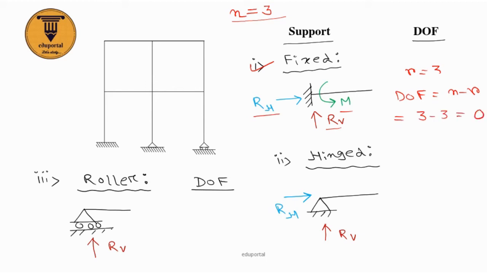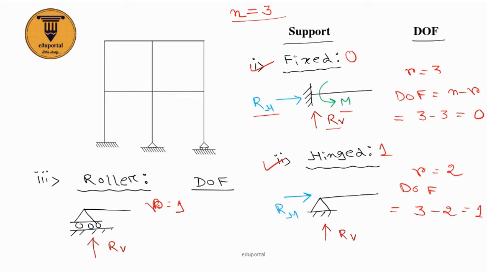So in case of fixed support it is 0. In case of a hinge support, R equals 2, so the degree of freedom equals N minus R, that is 3 minus 2 equals 1. In case of a roller support, R is equal to 1.